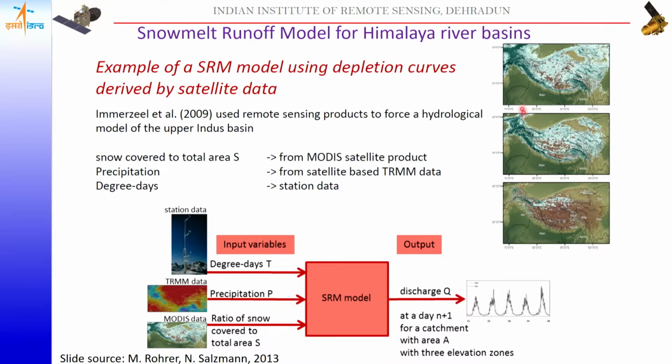And if it is a mountainous region, the snow will also melt and give you runoff. For that we use the degree day approach, for example in the Snowmelt Runoff Model. The snow cover is taken from satellite data, air temperature from meteorological observation, and precipitation from TRMM and nowadays GPM datasets, to give you the discharge at any point in the river basin.